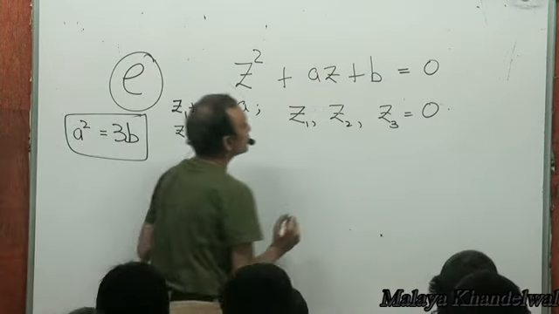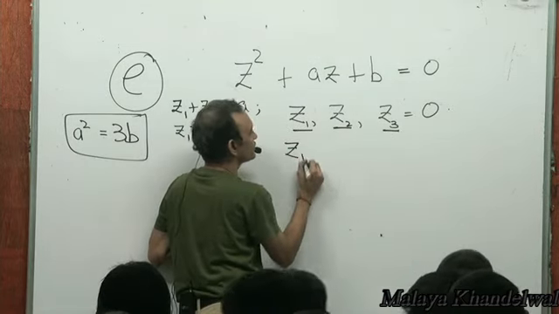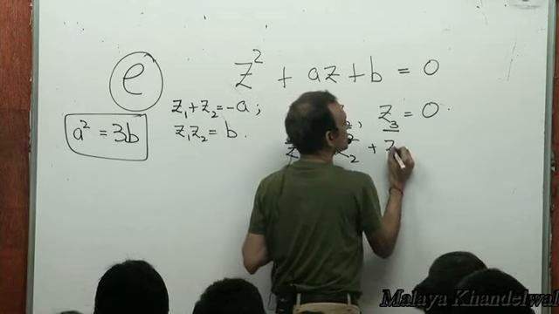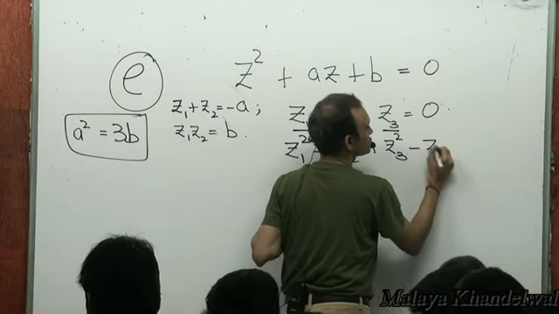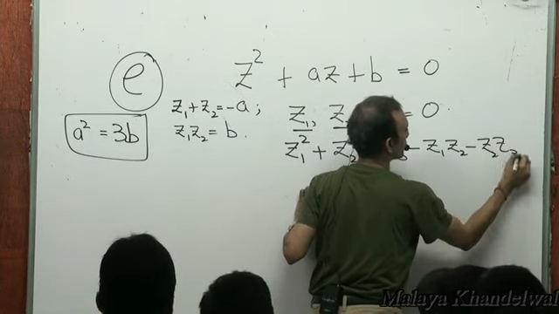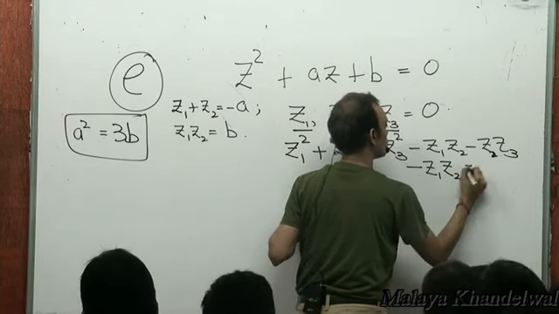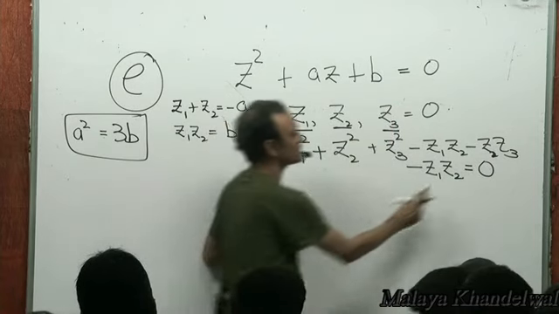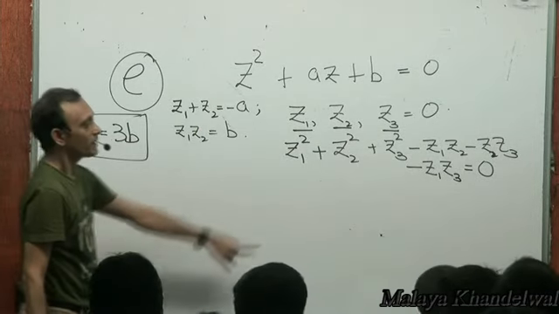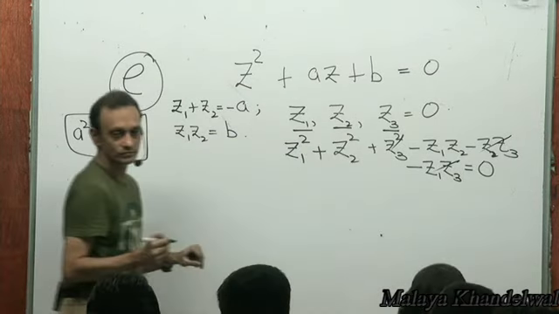Now, did I tell you in my last class, if z1, z2, z3 constitute the vertices of an equilateral triangle, then z1 squared plus z2 squared plus z3 squared minus z1 z2 minus z2 z3 minus z1 z3 must be 0, right? Z3 is anyway 0, so those terms will vanish, right?